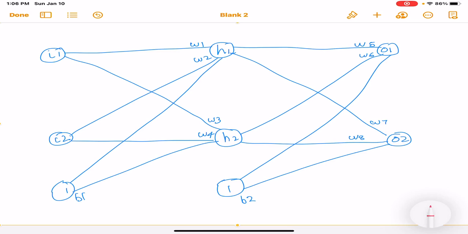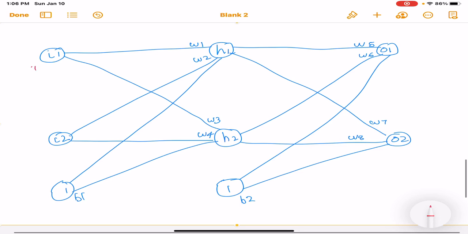So in order to get started, we have to assign some numbers to the weights and the bias. So let us give some numbers to initialize the weights and bias and the training input and output. Let us say that my input I1 is 0.05.